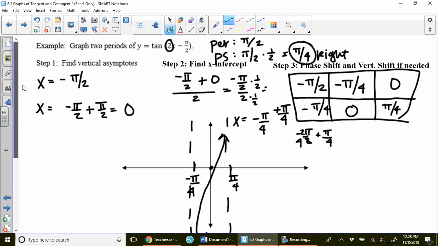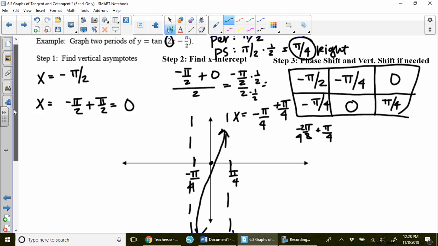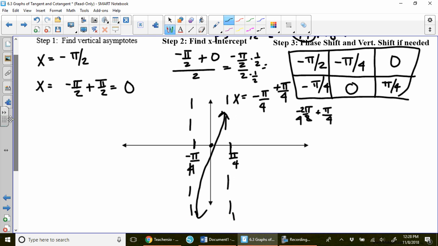So we want to do the period change. That will give us the vertical asymptotes and the x-intercept, and then the phase shift will move it left and right if needed. This example does ask us to graph 2 periods, so if we needed to graph another one, we know that the distance between negative pi over 4 and positive pi over 4, so basically each increment is going up by pi over 4. So my next 0 is going to happen pi over 4 away from this.